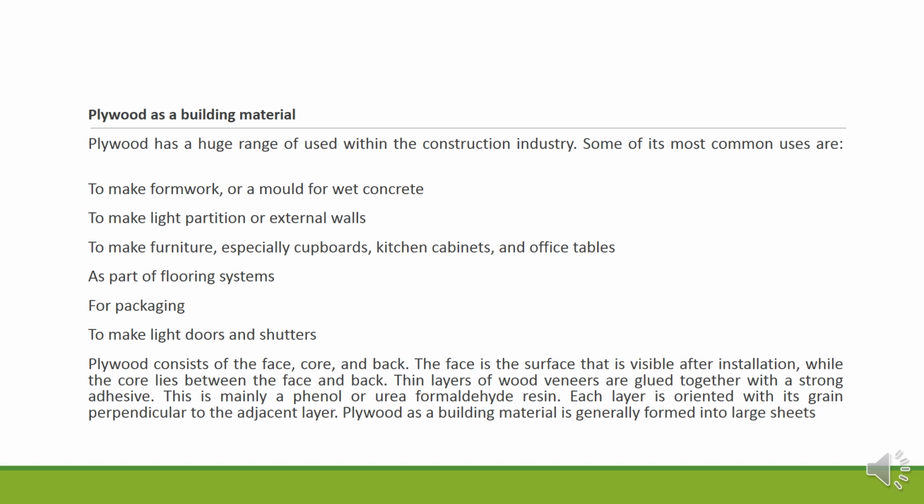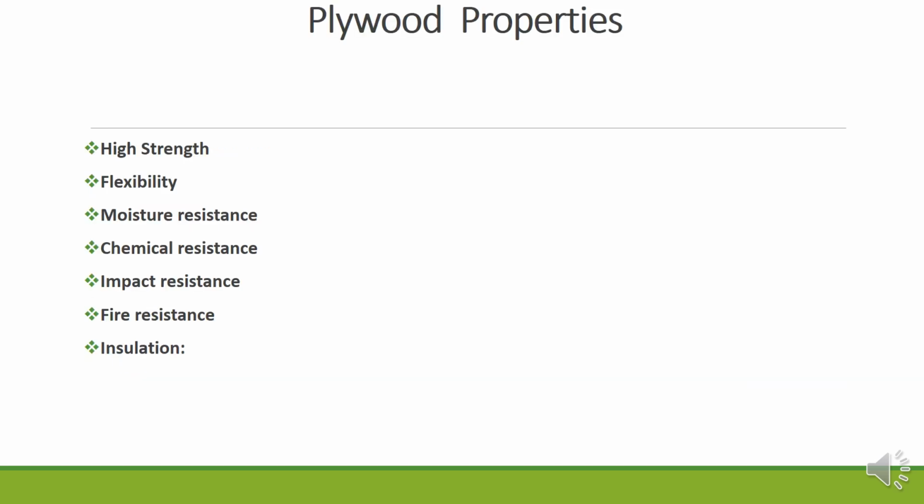Each layer is oriented with its grain perpendicular to the adjacent layer. Plywood as a building material is generally formed into large sheets. We have different types of sheets. Based on the sheet, we cut it and use it for construction purposes.